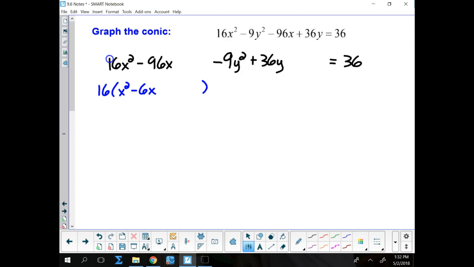Yes? What am I going to factor out of the y's? Negative 9. Now, if I factor out a negative 9, that leaves me with y squared, then what?